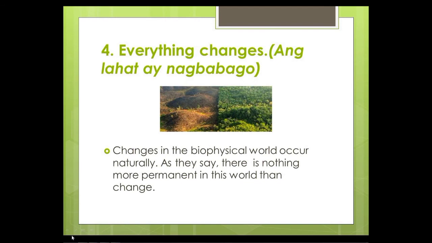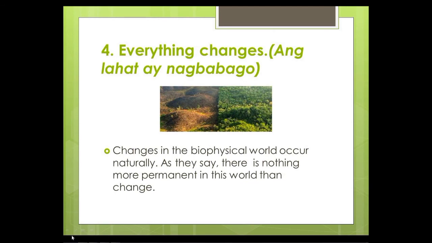Then, yung increase sa vegetation sa earth. So, mas dumadami yung mga halaman or yung mga puno. So, pag nag-increase yung vegetation, nag-increase din yung amount ng oxygen na meron yung Earth. Yung papalit-palit na seasons kada taon or buwan-buwan, kung saan nagko-contribute naman to sa diversity ng flower, fruits, at vegetables.